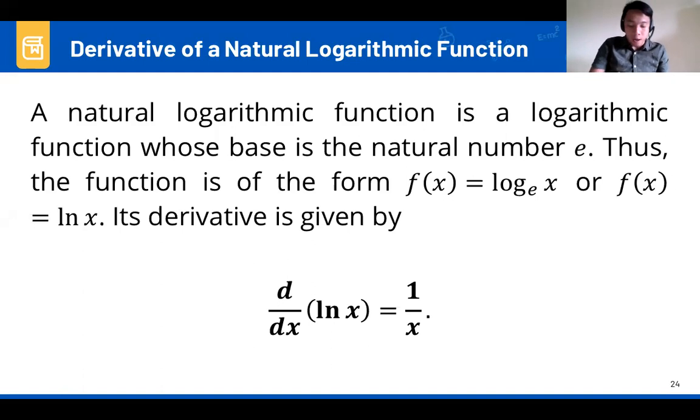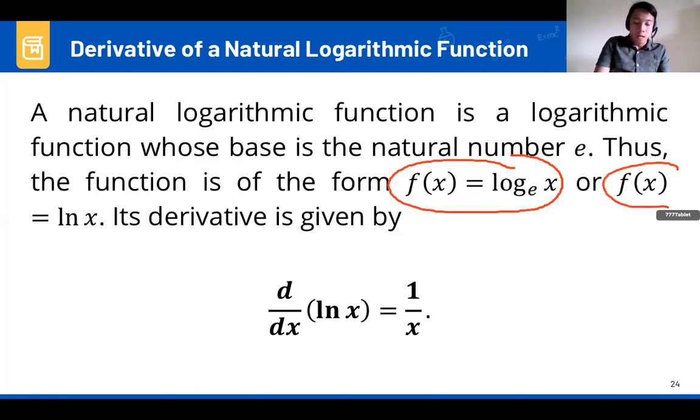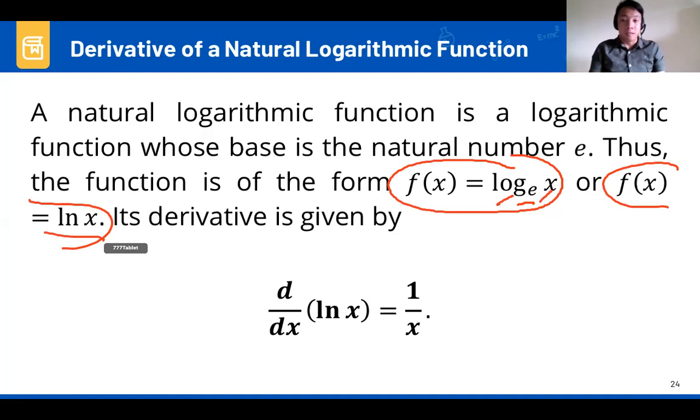The first form is f of x equals the log of x with base e. And the second form is f of x equals ln of x. To make it easier, we will use ln x.